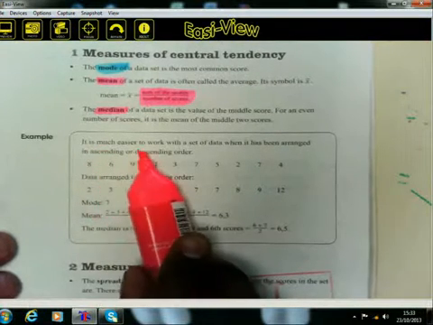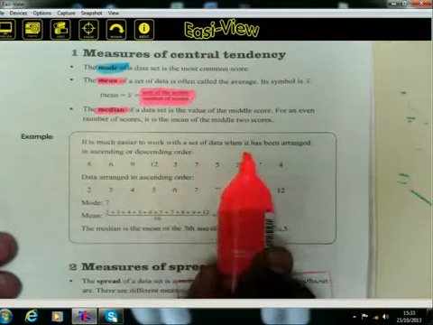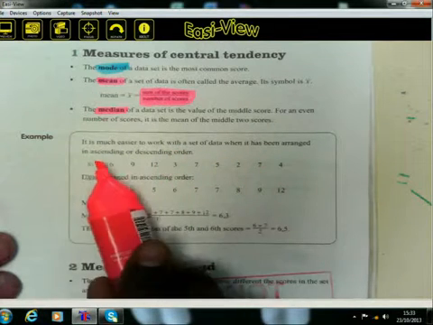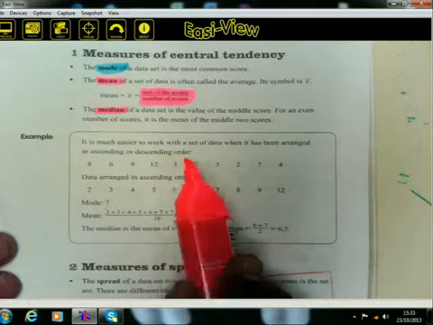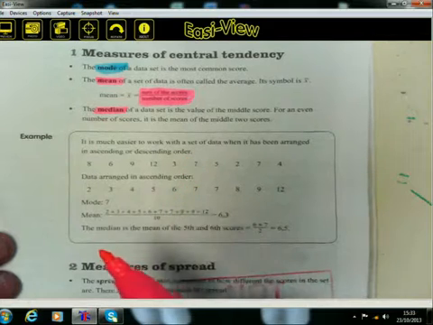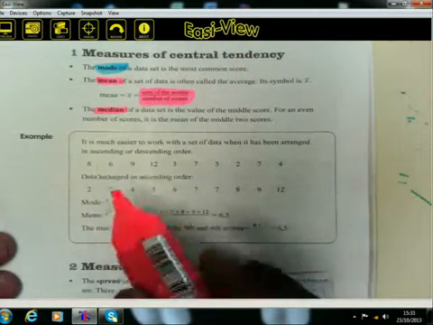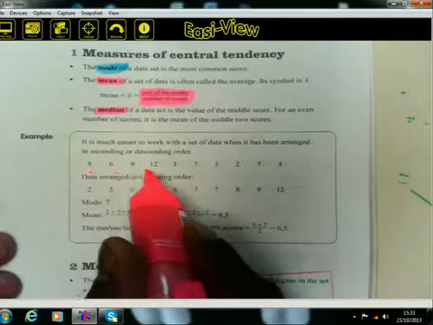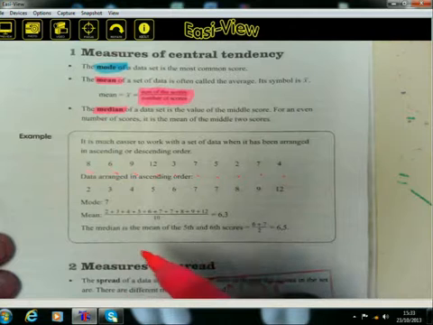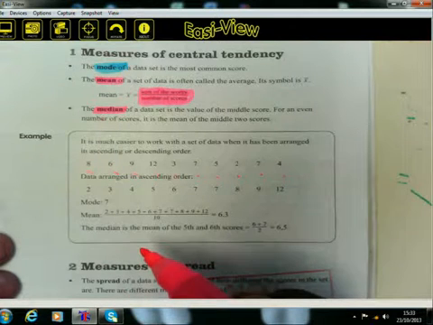It is much easier to work with a set of data when it has been arranged in ascending or descending order. Here is our set of data: 8, 6, 9, 12, 3, 7, 5, 2, 7, 4. What must we do first? We rearrange.